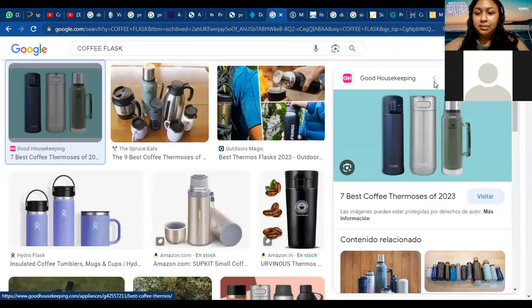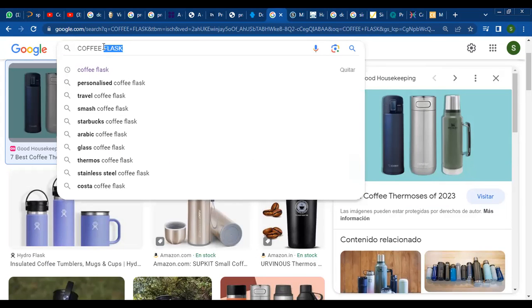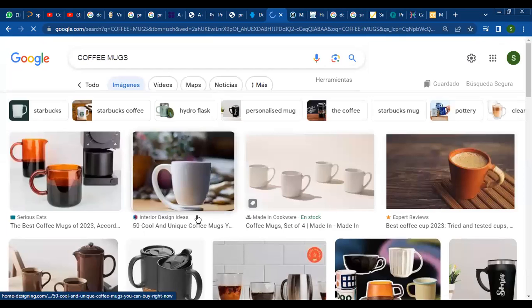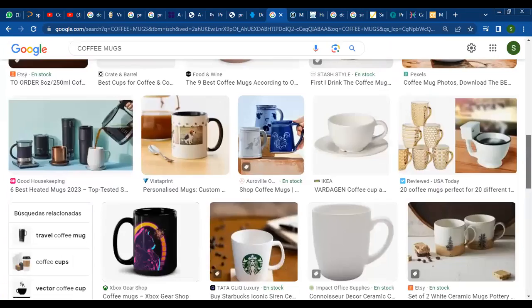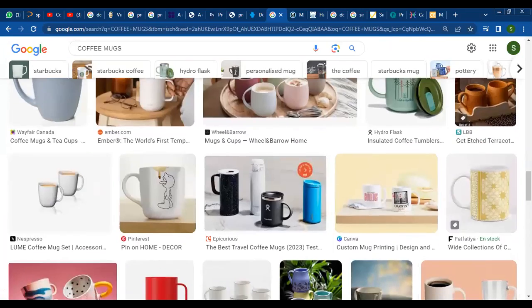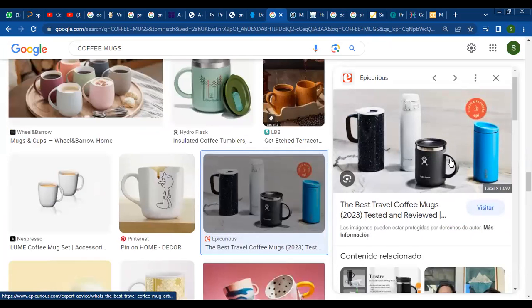In a different presentation, like design, these, for example, are coffee flasks, and we can also have coffee mugs like these, but not exactly like these. Okay, it probably looks more like the coffee cup that is showing there.